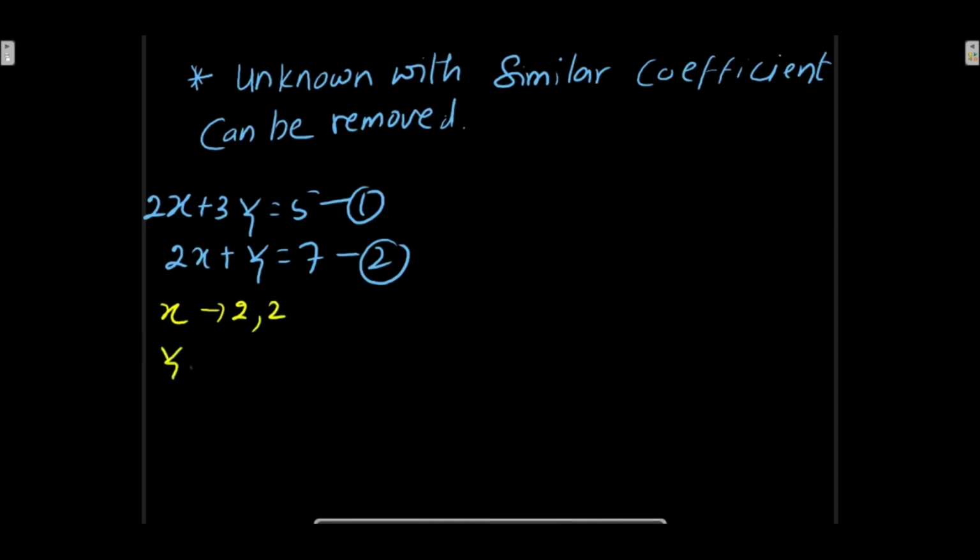What are the coefficients of y? 3 and 1. So how do you check the coefficient? The front value. Then what is the unknown with the similar coefficient? x is the unknown with the similar coefficient. That means x can be removed.